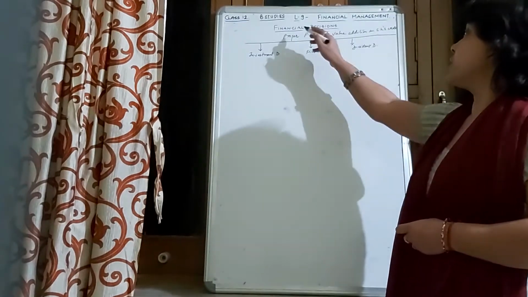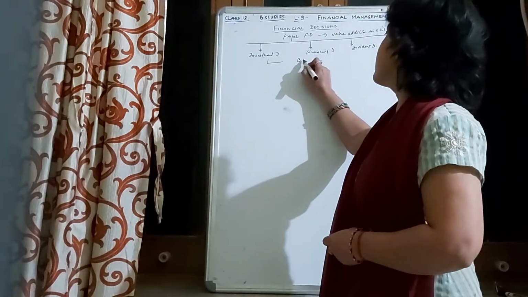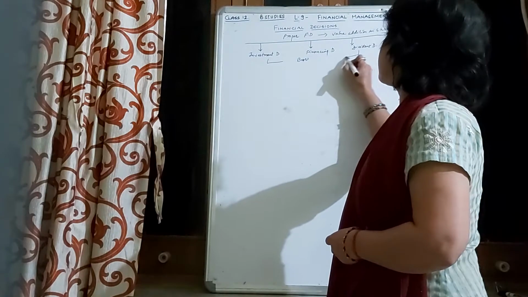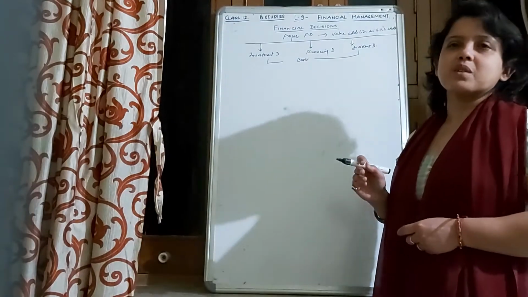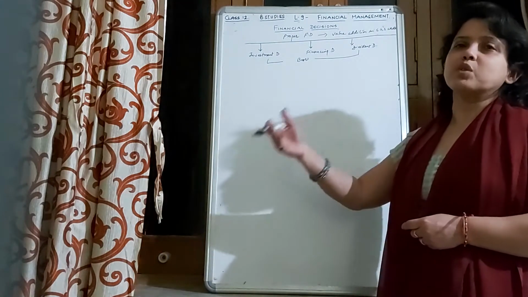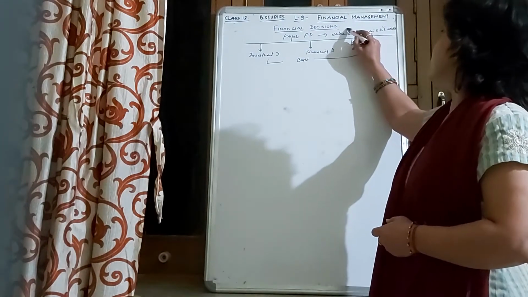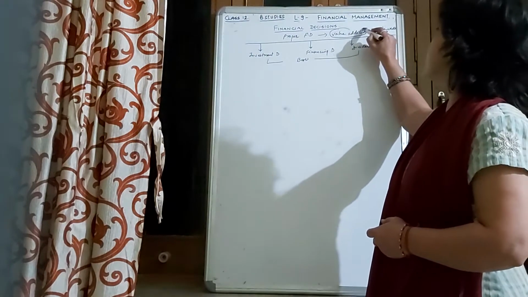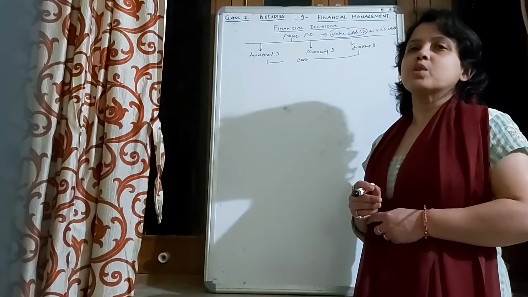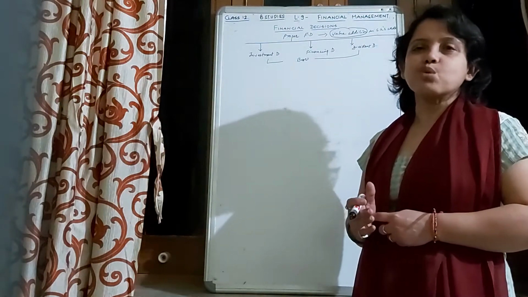So whenever the financial decision is taken, it should always be best investment decision, best financing decision, and best dividend per share to be paid out to the shareholders, so that always value addition takes place in the wealth of the shareholders, and the shareholders' wealth increases, and that is also going to put impact on the market price of the shares, and the market price of the shares is also going to rise.